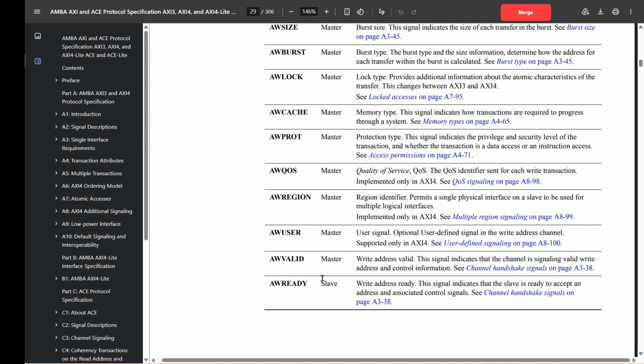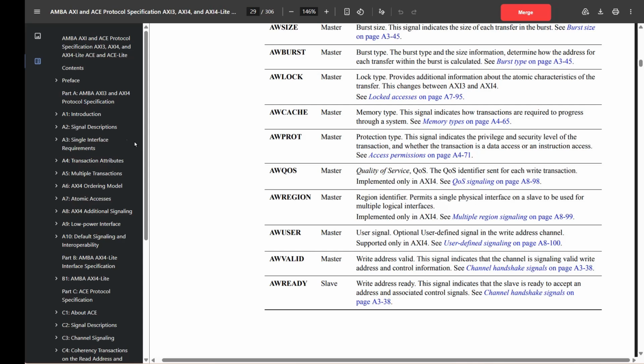Now our full flag or almost full flag, we can tie to this AW ready. But there is one caution: when the full flag or almost full flag is high, that means we are not ready. So we have to put an inverter and then tie it to this AW ready signal.